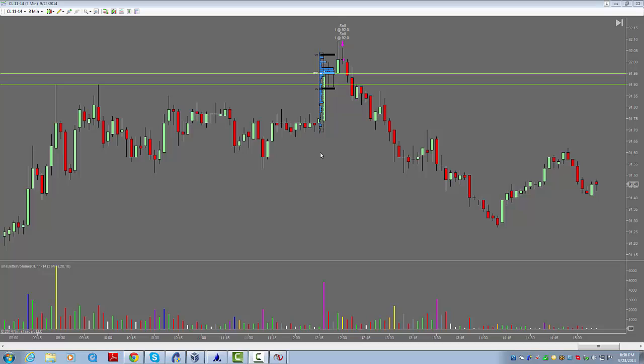Okay, so there it is. There's the bar right there. And you can see, here's the high. It's breaking the high right there. And then the majority of the volume on this bar is traded right in this zone. Right in there.